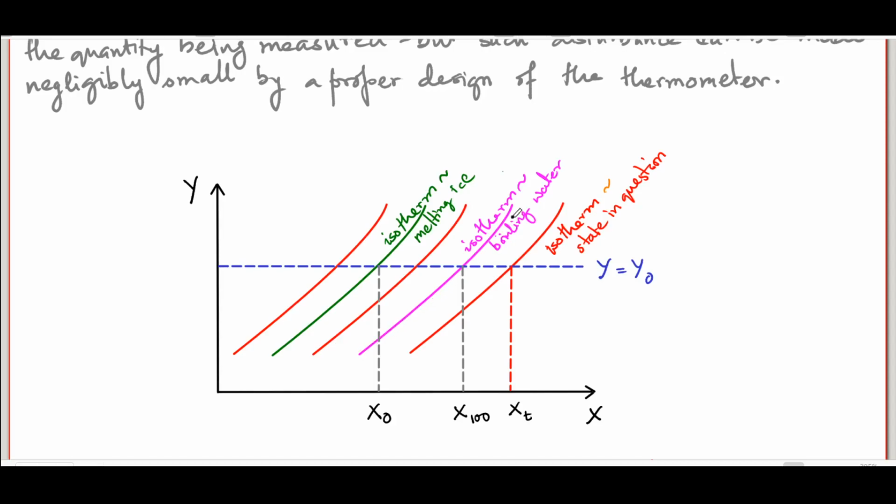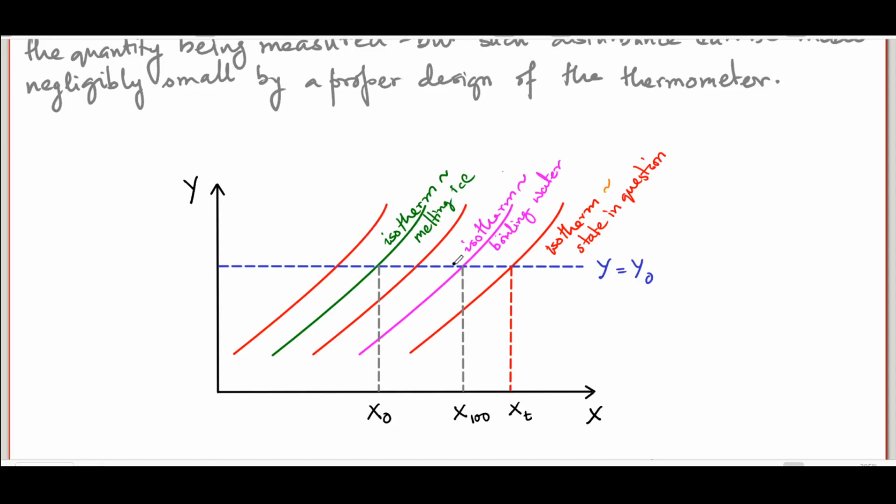Similarly, the purple line here is a collection of all states of the system which are in or would have been in thermal equilibrium with boiling water. Again, more precisely, a state where water and steam coexist.